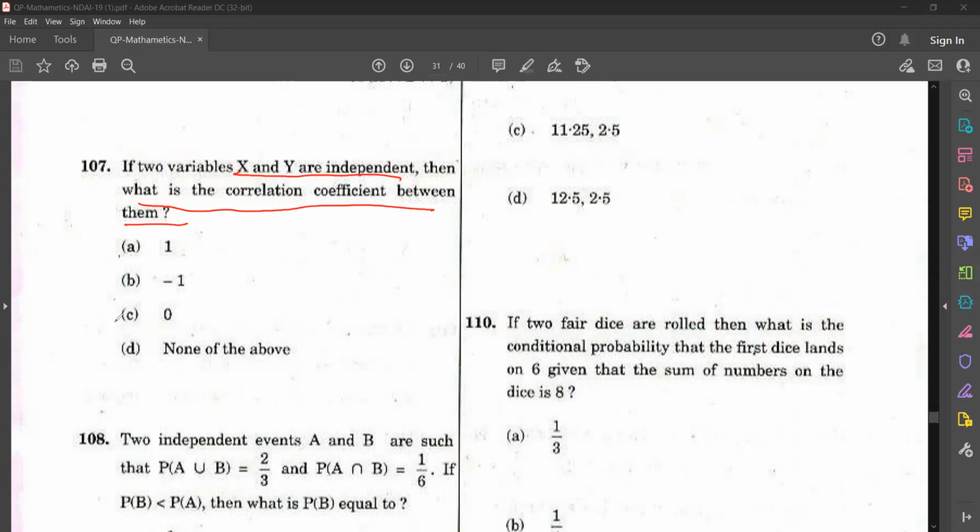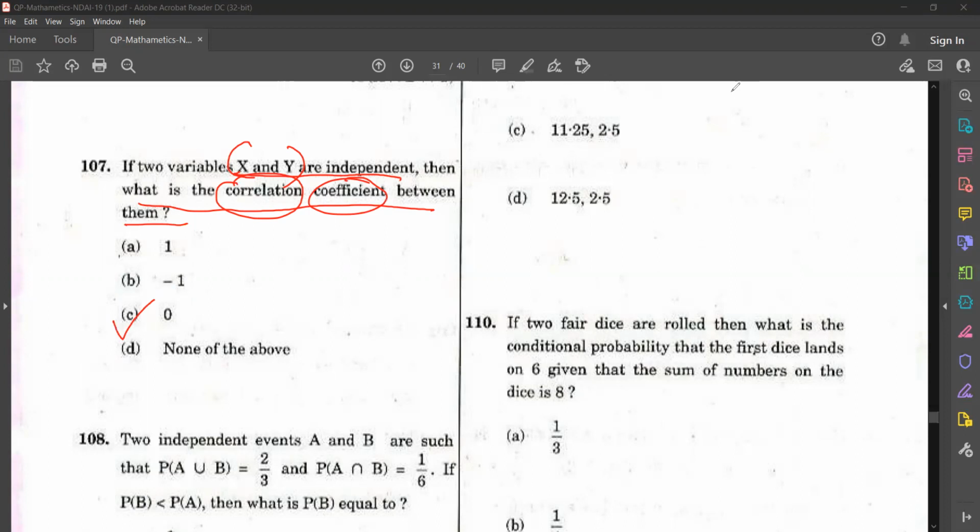Yeah, the answer is 0. That means if two variables are independent, their correlation coefficient is 0. So that is the answer for that question.